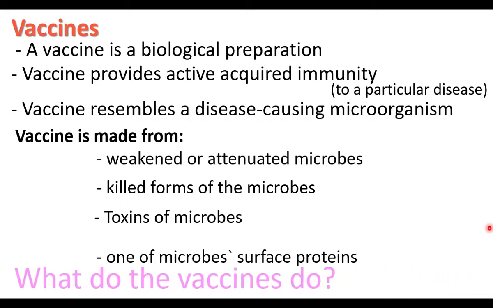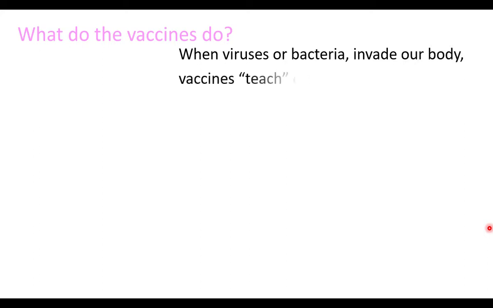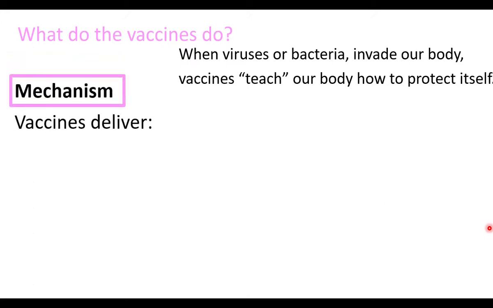Now let us see what the vaccines do. The vaccines develop immunity. The vaccines stimulate immune response. That immune response is stored in the memory of the immune system. When viruses or bacteria invade our body, these vaccines teach our body how to protect itself. A vaccine delivers a small number of microorganisms.